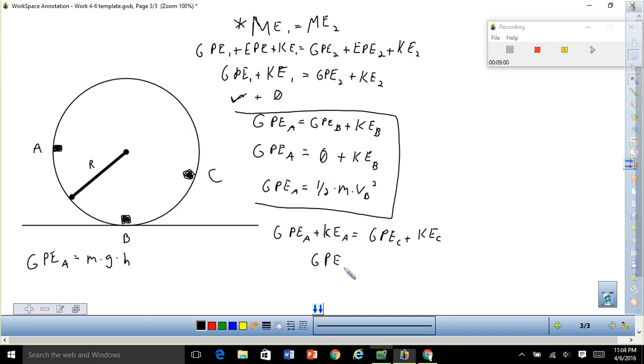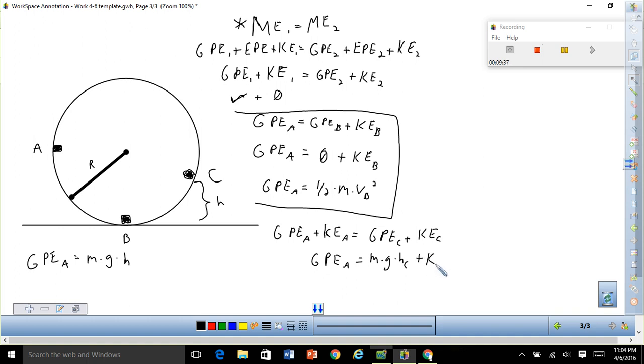So the GPE at point A is then equal to the GPE at point C and the kinetic energy at point C. Well, if we knew the height of the object at point C, we could actually find its gravitational potential energy. And it turns out that we do. That's a listed value. In my case, it lists that as 2/3 r. So I'll take r and just multiply by 2/3, and that will tell me what to put in this case.